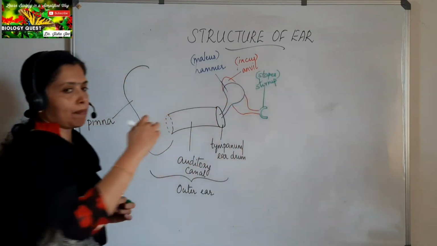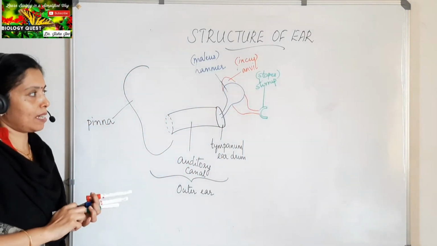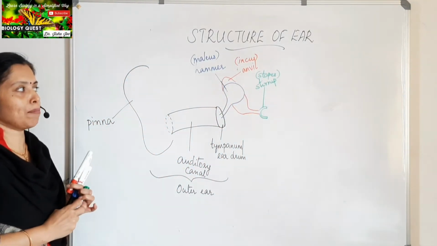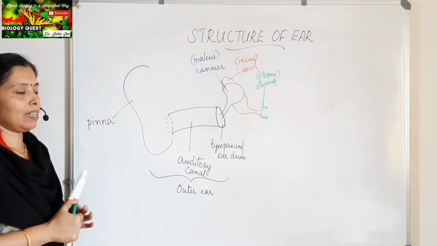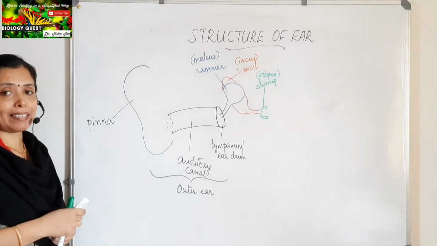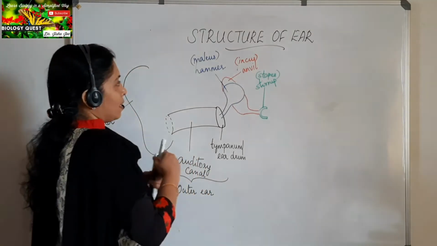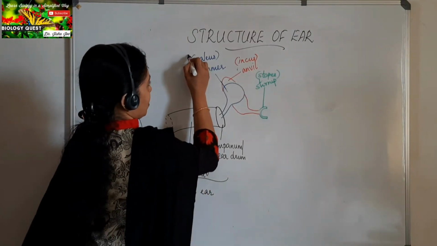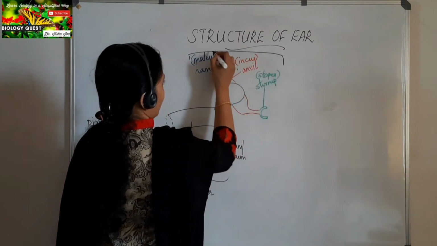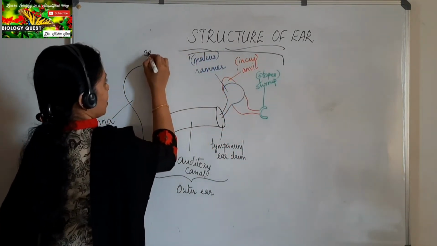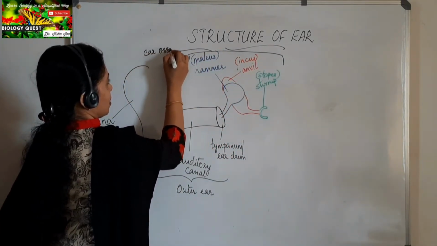These terms are important for the exam. So these are the three tiny bones, and the three bones of the middle ear are together called as the ear ossicles.